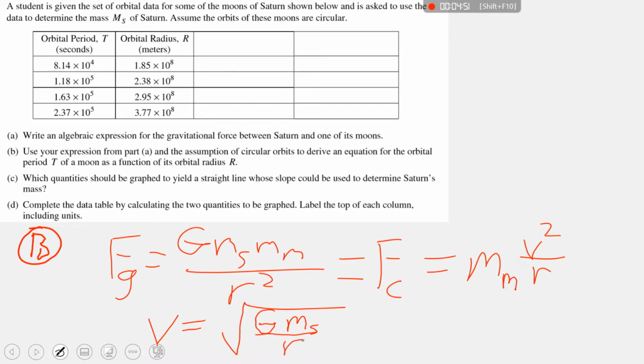Perfect. Okay, and then because our orbits are circular, I could get an equation in terms of velocity that relates to radius. What is velocity?